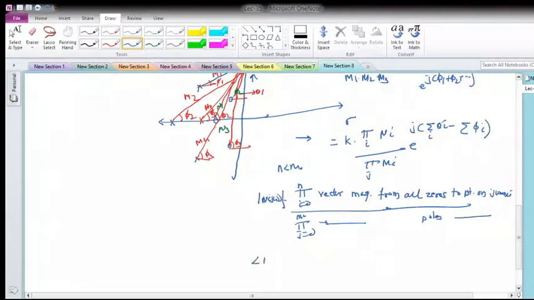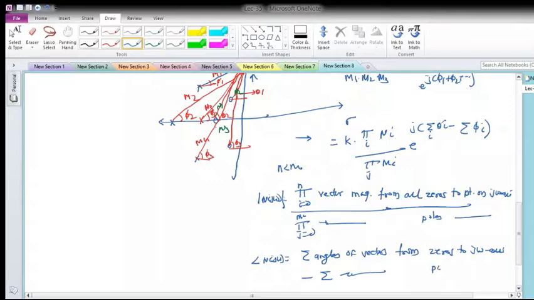If I would like to calculate the angle or phase response, what will it be? It will be the sum of all the angles of vectors from zeros to the j omega axis, minus the sum of all the angles from poles to the j omega axis.